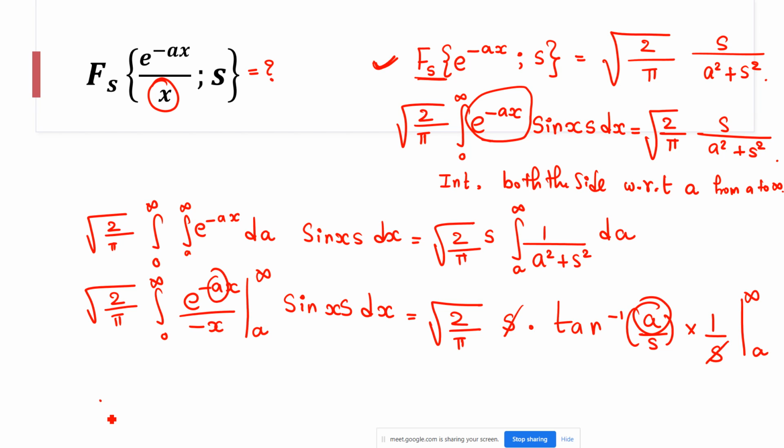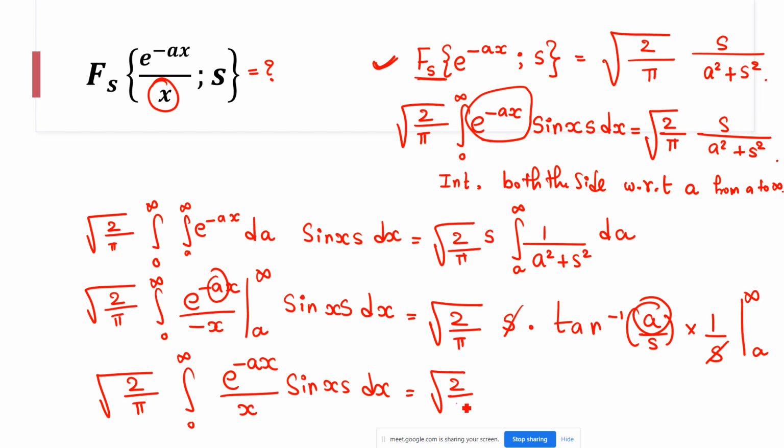So it is root 2 by pi integrating 0 to infinity, minus minus becomes plus, so e raised to minus ax upon x sine xs dx is equal to root 2 by pi tan inverse of infinity minus tan inverse of a by s.